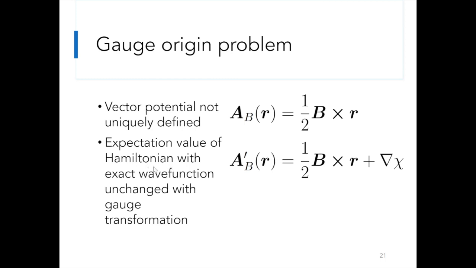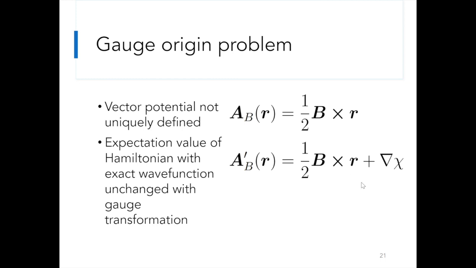This is not an issue when you have exact wave functions, because your Hamiltonian transforms the same as the exact wave function. So your expectation values, so energy and your properties, do not change with this gauge transformation. This is not true, however, when you don't have an exact wave function. For example, if your basis set is not complete, then your calculated NMR shielding will depend on the size of your basis set.